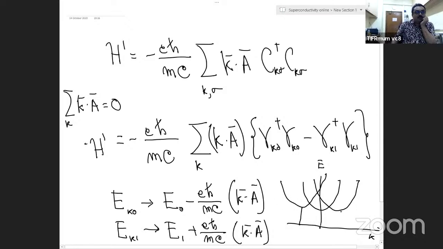So it has shifted along the k axis and the resultant energy change is from that. So this is a different way of splitting the degeneracy of 0 and 1 when you apply a magnetic field. The way you are splitting the degeneracy is not the same as what happens in the case of Zeeman splitting.